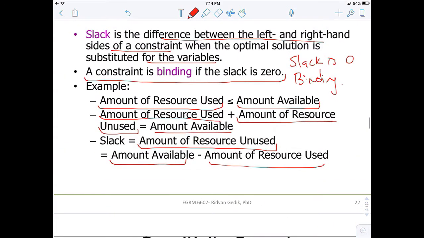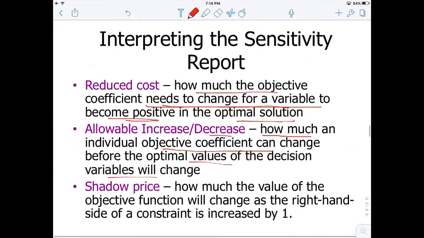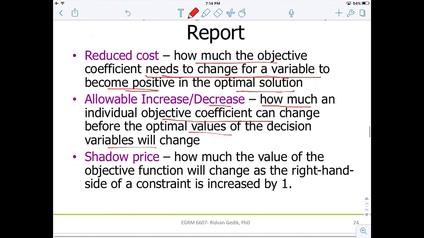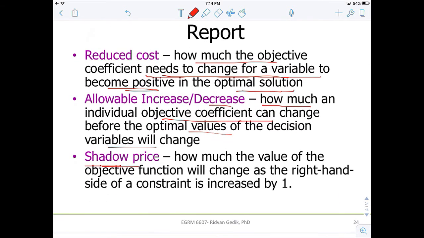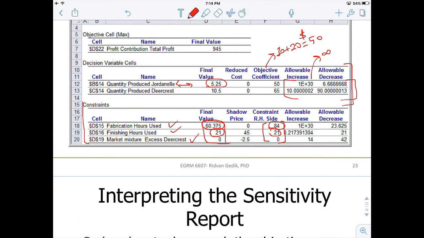There's one other, okay, Shadow Price is the last one that I would like to describe to you. Oh, before that, there is also an allowable decrease and allowable increase on the right-hand side of the constraints. So these are the same concepts on the constraints' right-hand side. So for example, this is again infinity practically.